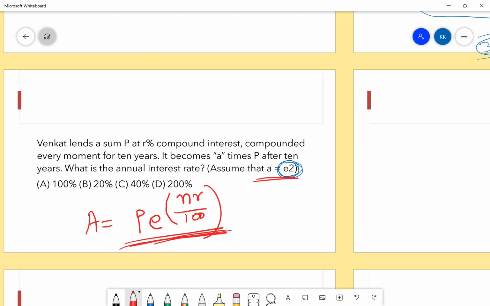Will we be given e values also? Depends on the question setter. Do you know the value of e? No, I don't remember. It is a constant.